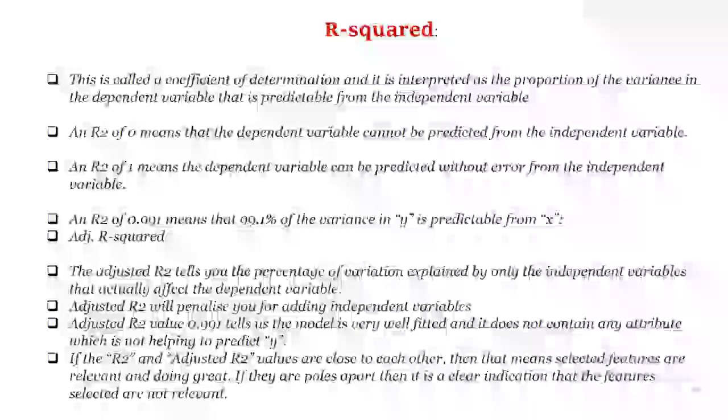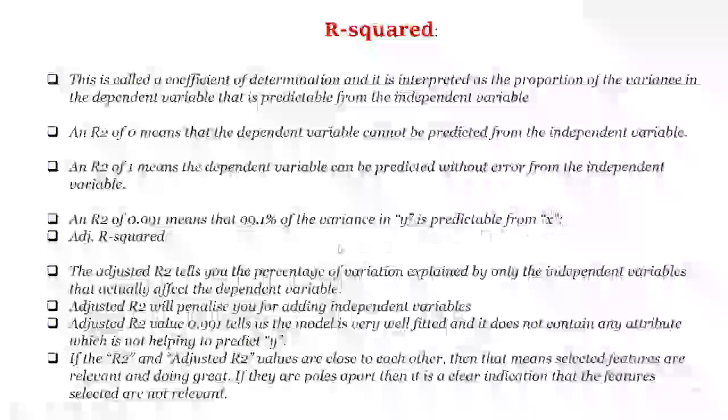It means your buying of lottery tickets might have been predicted well by your wealth, how much wealth one carries. So R square of 0.991 means 99.1% of the variance in Y is predictable from X.